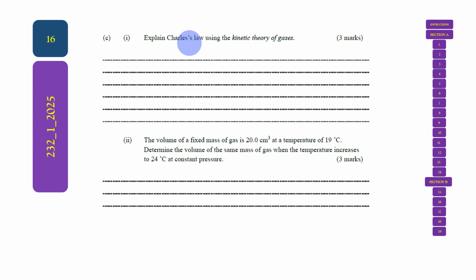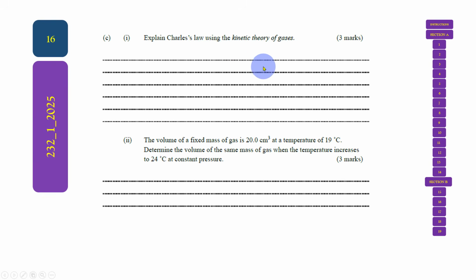It states that the volume of a fixed mass of a gas is directly proportional to its thermodynamic temperature. In other words, if you double the thermodynamic temperature of the gas, you're going to double the volume at constant pressure. So it's that law that we've been asked to explain using kinetic theory.